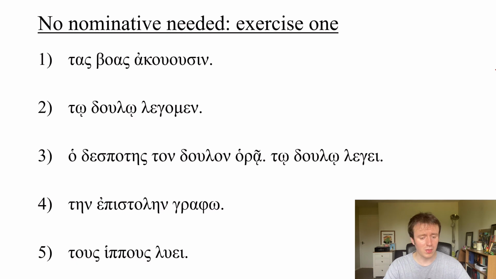In the case of number 3, you've got 2 sentences, one of which does have a nominative noun, while the other does not. And the first one should elucidate who exactly is doing the action in the case of the second sentence in number 3, okay? So have a go at these and see what you get. Please pause the video and play it when you're ready to mark your translations.